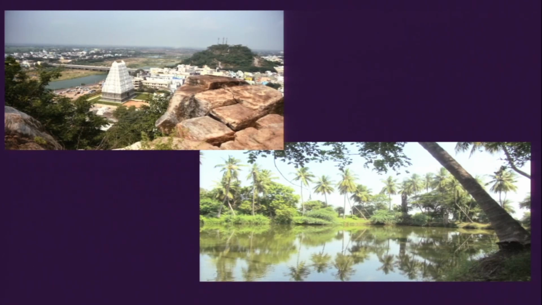And so through this port, many trade goods were either sent from the inland to other places outside of the Indian subcontinent, or brought to this port site and then dispersed inland.